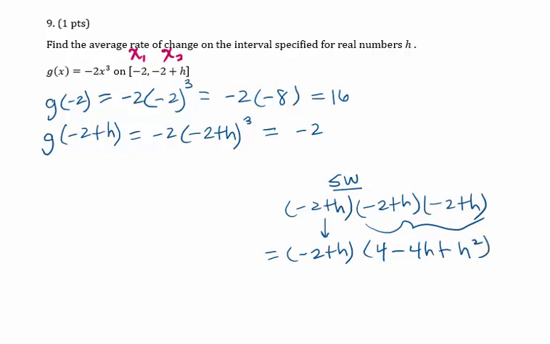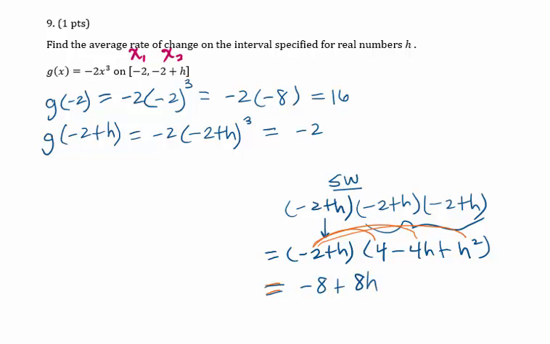But then you have to distribute this binomial to the trinomial, and so start with the first term. We get negative 2 times 4 is negative 8. Negative 2 times negative 4h is positive 8h.